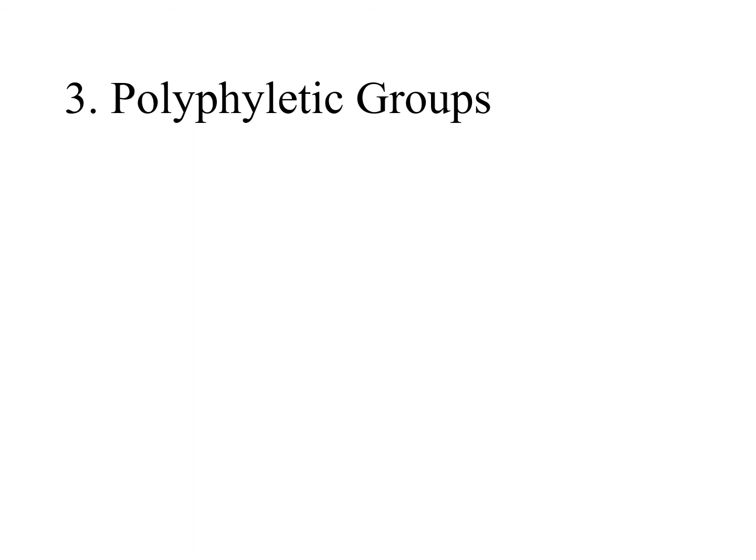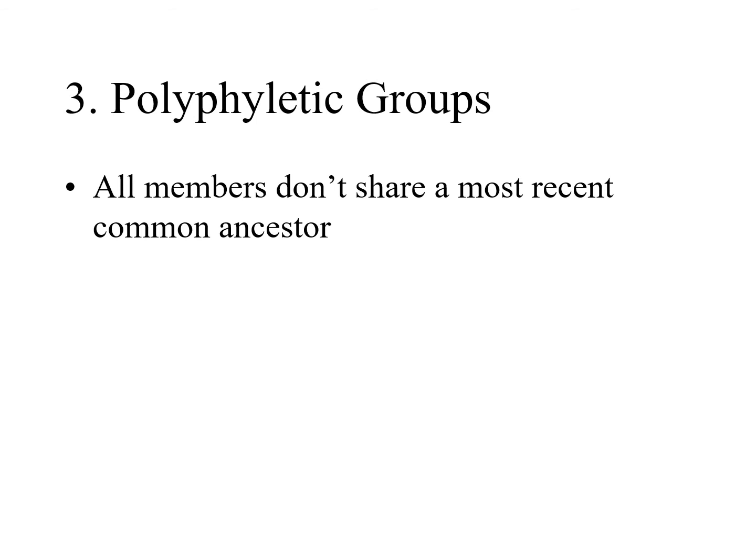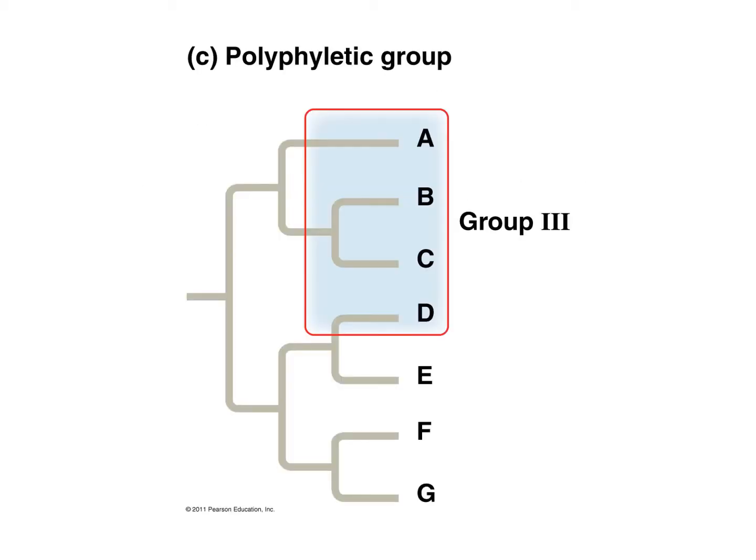We can also recognize groups that are polyphyletic. In polyphyletic groups, all the members do not share a most recent common ancestor. So again, imagine you had a group that was made up of A, B, C, and D. It was a family maybe, and E, F, and G was a different family, and you did a cladistic analysis and generated this tree.